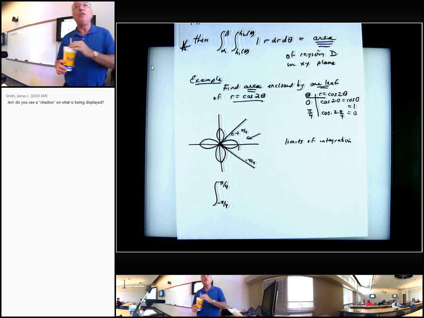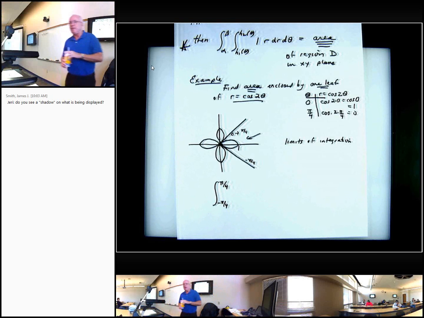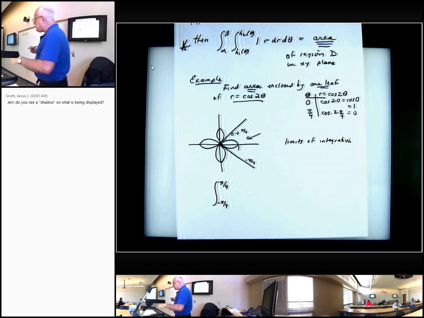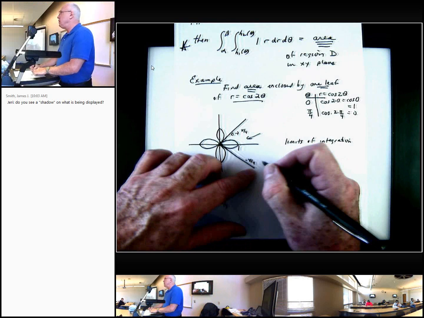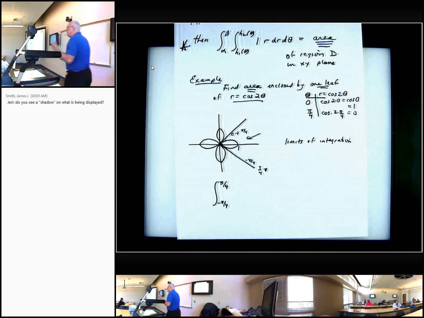Very good. You can do 0 to pi over 4 multiplied by 2. That's perfectly fine. But my thought here was, okay, 1 3/4 pi is 7/4 pi. Why couldn't I put my lower limit of integration at 7/4 pi?